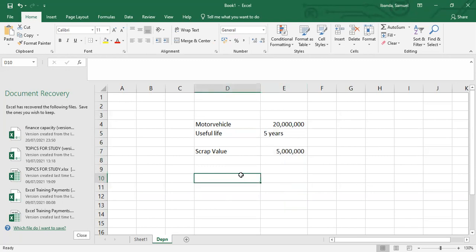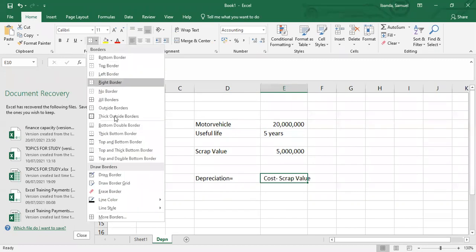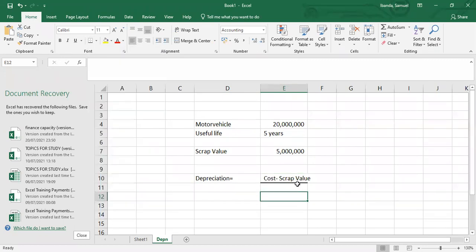Like that. So depreciation, which we've now understood, is given by cost minus scrap value, divided by useful life.